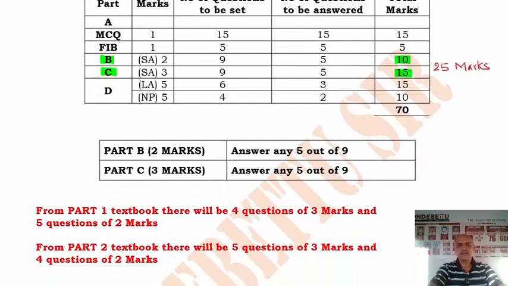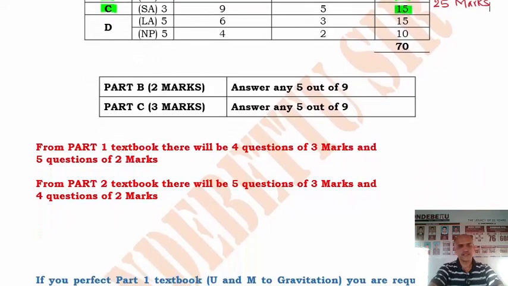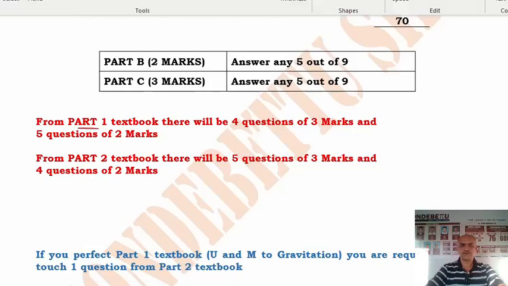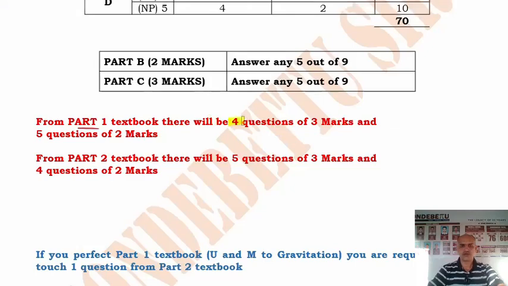Now, if you see the blueprint which the board has released, if you do the part 1 textbook perfectly, that is from units and measurement to gravitation, I have written that from the part 1 textbook there will be 4 questions of 3 marks and 5 questions of 2 marks.